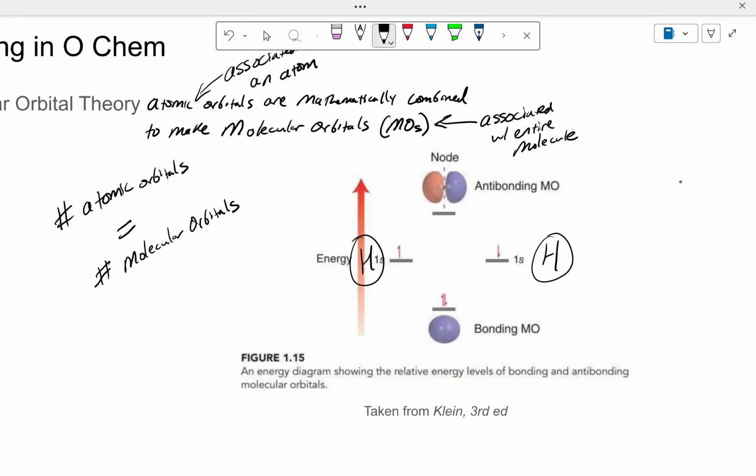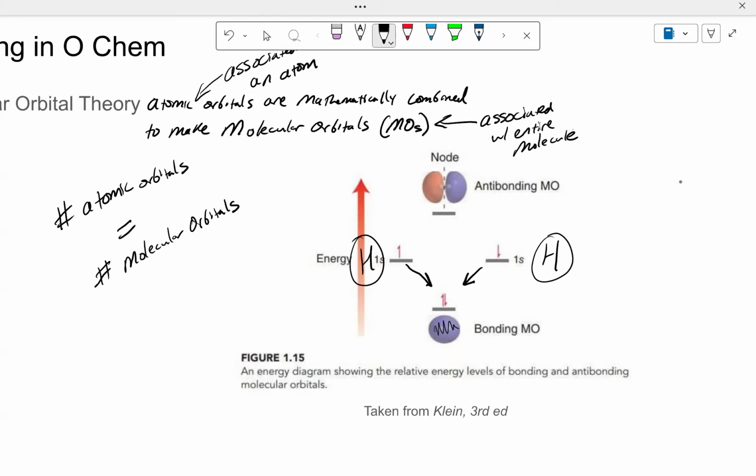So notice in this diagram, we take the electrons from the 1s orbitals and put them both in what we call the bonding molecular orbital. It's a low energy molecular orbital, and the electrons are represented by this cloud here. So electrons are spread out, delocalized. We like that. That gives a lot of stability.